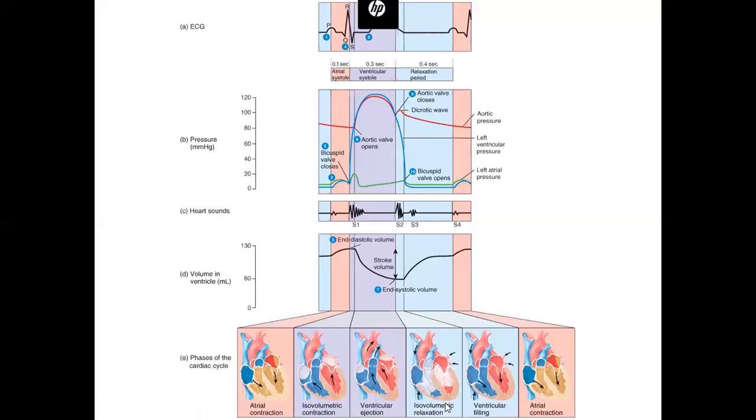And then the next stage is when the ventricles start contracting. But remember, all 4 valves are closed and the ventricle is not going to eject any blood. So like I said, it's a really short stage. We have what's called an isovolumetric contraction taking place.